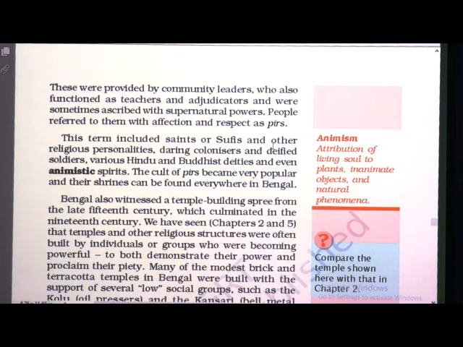The term included saints and Sufis and other religious personalities, and the founders, colonizers, and deified soldiers, various Hindu and Buddhist deities and even animistic spirits.